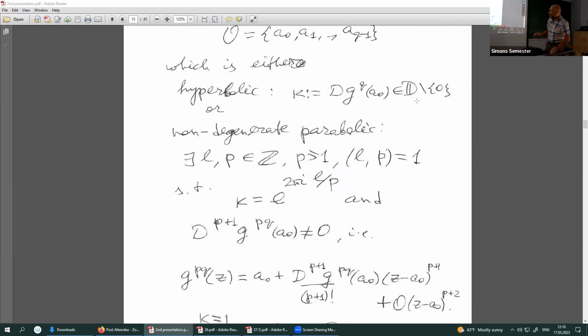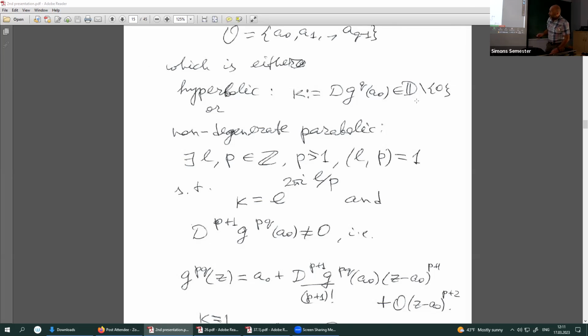Okay? Non-degenerate means if it is parabolic with this multiplier, then this iterate, I mean, all these things between 0 and p, they are 0 always. And then non-degeneracy means that the first coefficient which can be non-zero is actually non-zero.